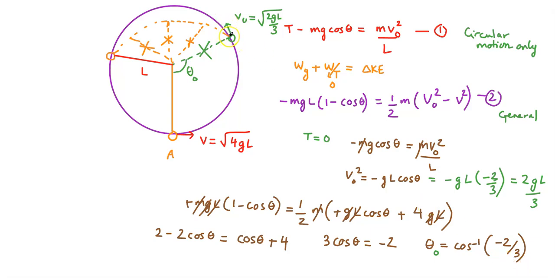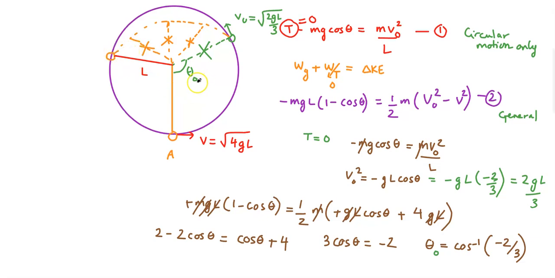Then the string is going to slacken because this quantity is going to become 0 at this point, and then it's going to continue to execute parabolic motion because it's a free fall. The bob is in free fall and it's like a projectile, and then it's going to come all the way here, and when it reaches a point on this circle again, there's going to be an impulsive force, and then the motion becomes complicated, right?